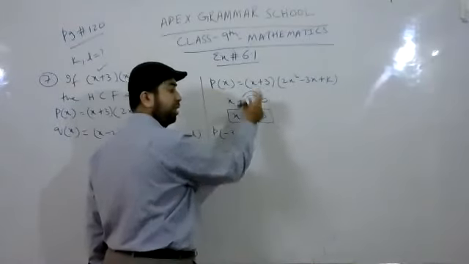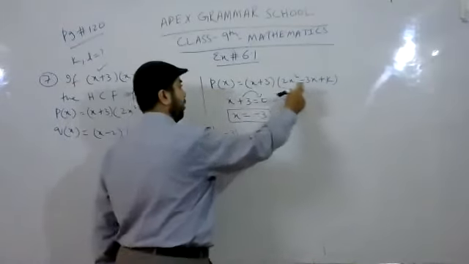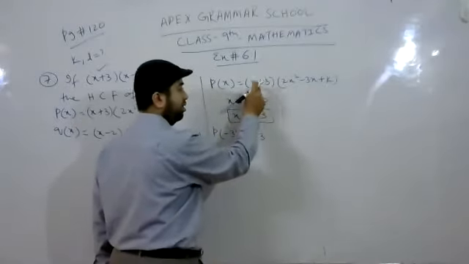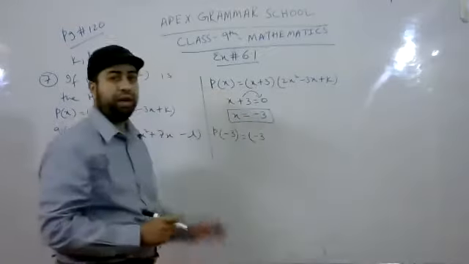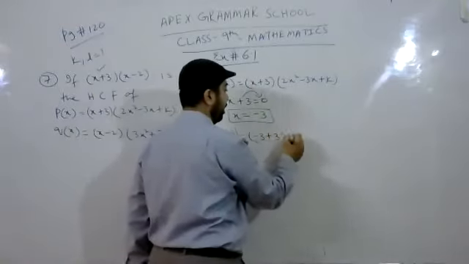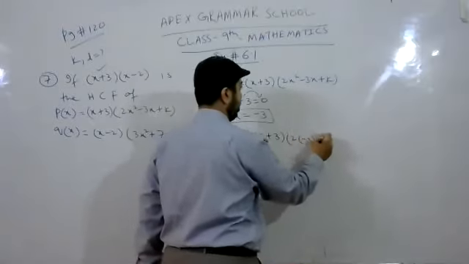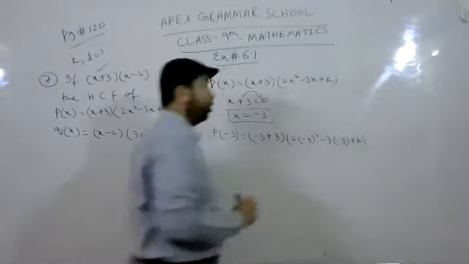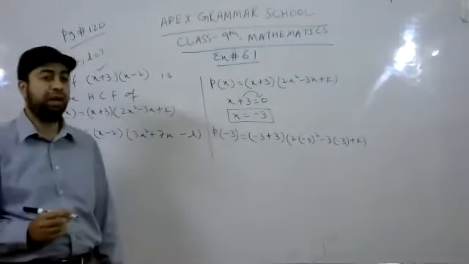Instead of x, you have to write -3 everywhere. So (-3 + 3), and then 2 into (-3) squared, then -3 into -3, and then plus k. Now you can see what is going to happen here.